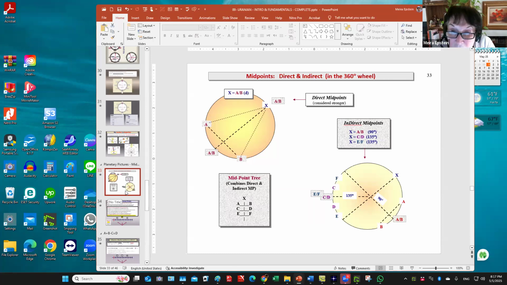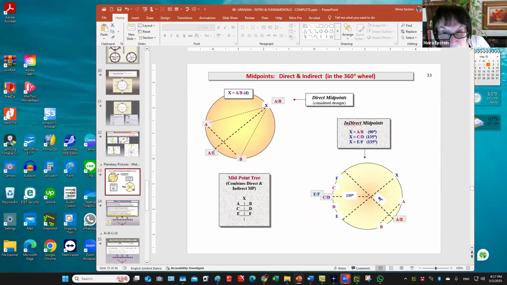So midpoint, top left, you see planets A and B, and right here you see A/B, that's a midpoint between them. The line represents that we're connecting A and B and the midpoint between them.